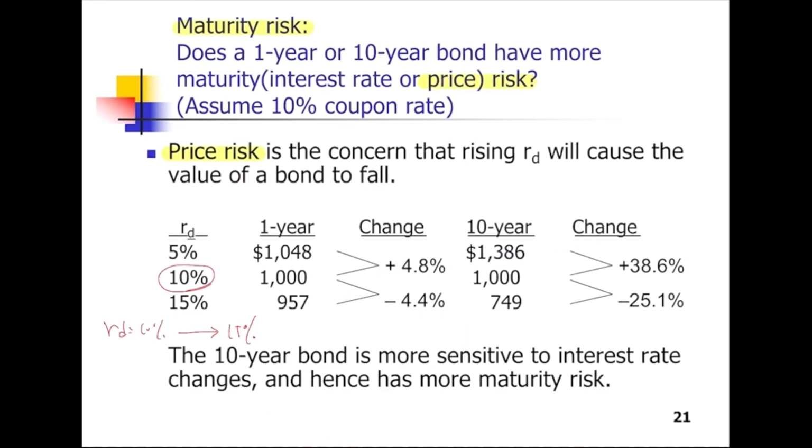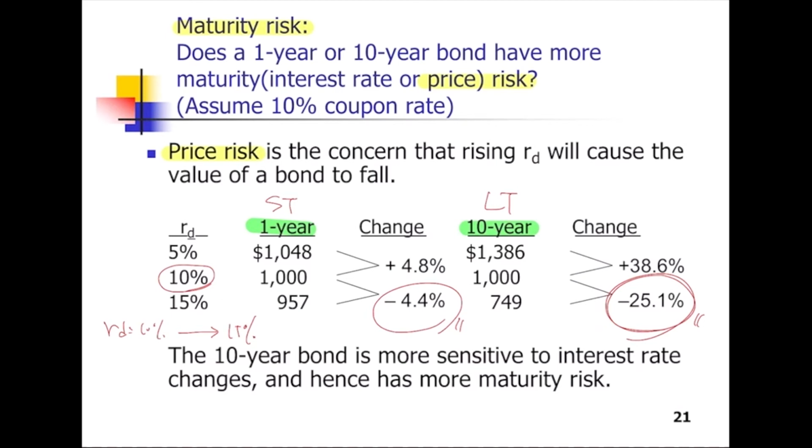We have two types of bonds here, 1-year bonds and 10-year bonds. 1-year bonds we can call short-term bonds, and this is the long-term bonds. As you can see, short-term bonds fluctuate 4.4%, but long-term bonds fluctuate 25%, right?